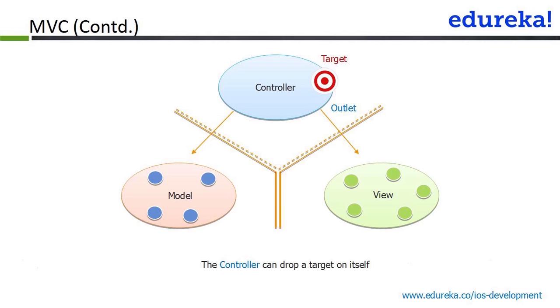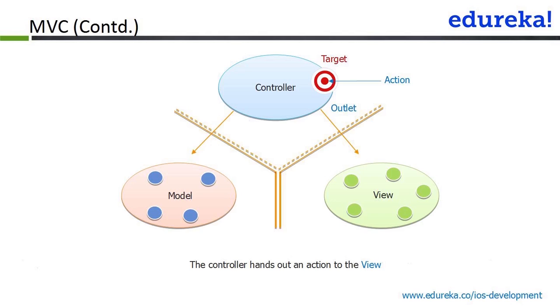And yes, sometimes the controller can drop a target on itself. So it need not come from the view, it can come from within the controller itself. And when you design an outlet, you tie the view to the controller. And then based on the user interaction, the controller hands out an action to the view.